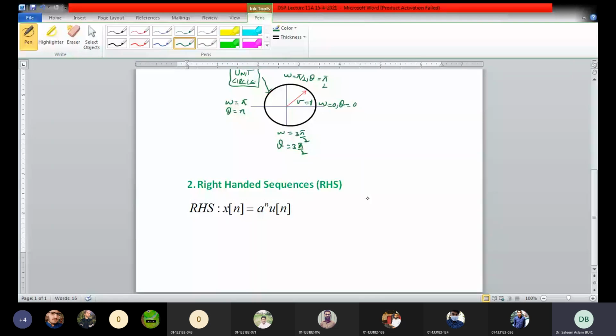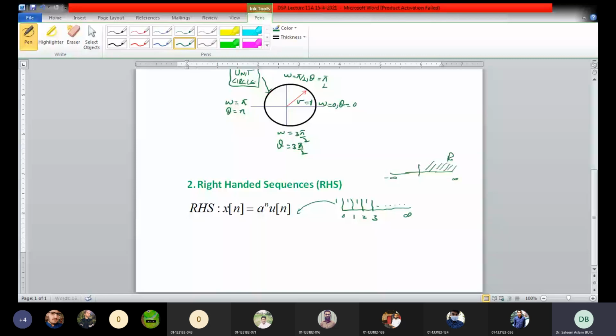So let me graphically represent this expression. We know that a of n, u of n would run from 0, 1, 2, 3 up till infinity, right? So 1, 1, 1, 1. So this is basically the a of n, u of n. Since it is on the right side, if we have a plot from minus infinity to plus infinity, the right hand side will be here.